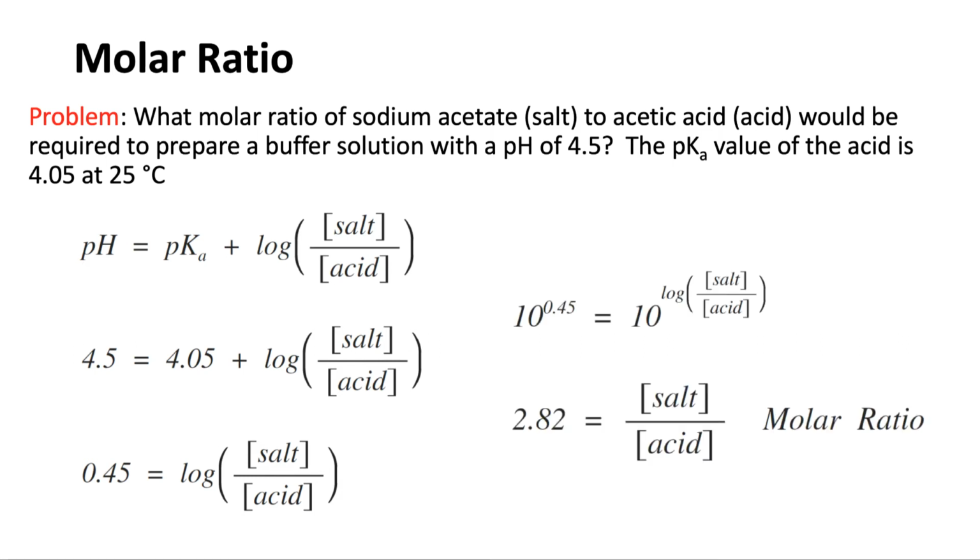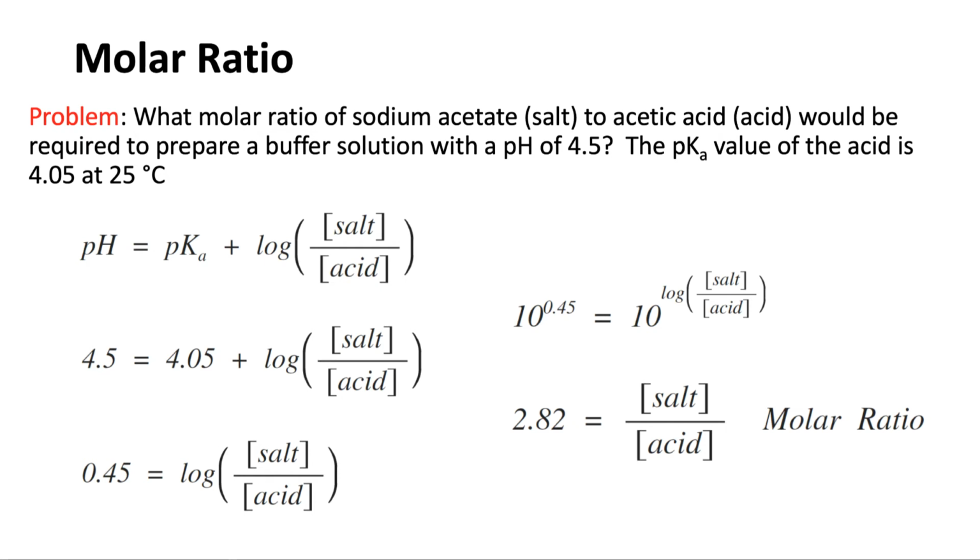The only trick mathematically for some of you at this point is knowing how to cancel a log. We cancel the log on the right-hand side by taking 10 to the x on both sides. We raise both sides of the equation to the power of 10. So on the left-hand side, we would have 10 to the 0.45 power equal to 10 to the log of the concentration of salt over acid.